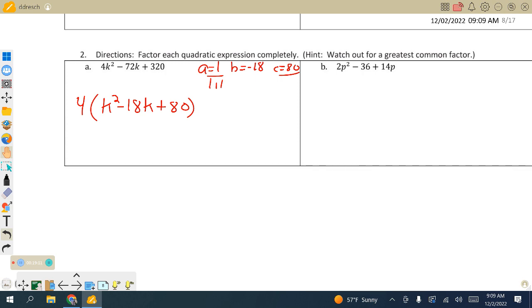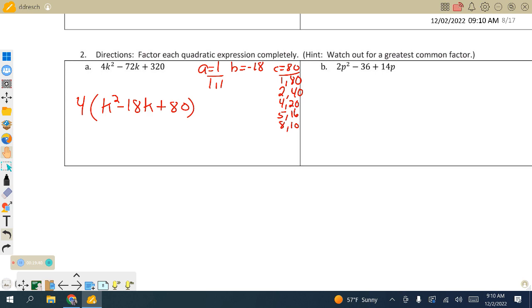Again, this should be a fairly straightforward one, but I'm going to list them out. 1 and 80, 2 and 40, 3 no, 4 and 20, 5 and 16, right? 6 no, 7 no, 8 and 10, and then we're repeating ourselves, right?